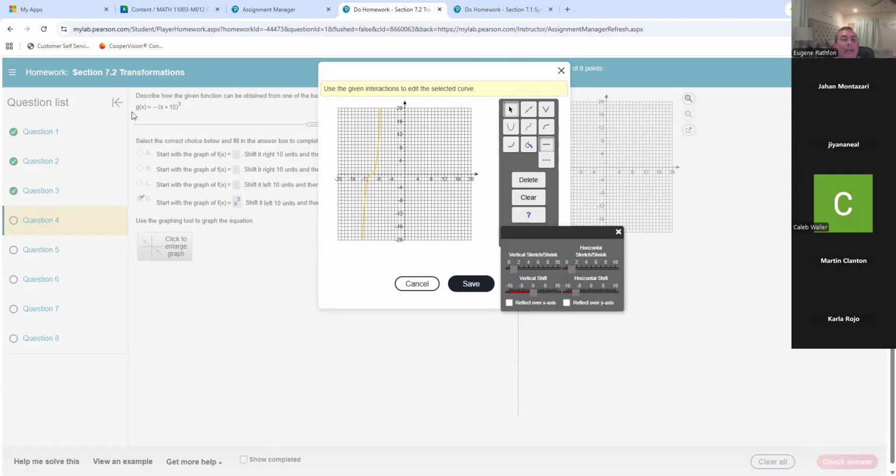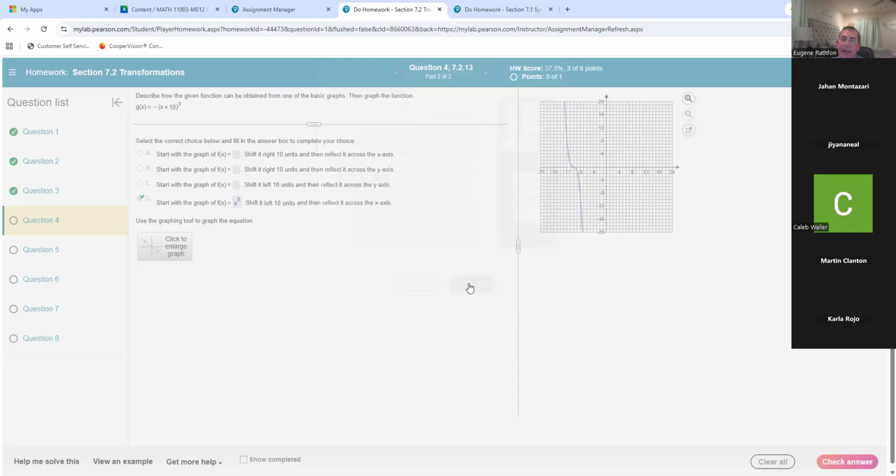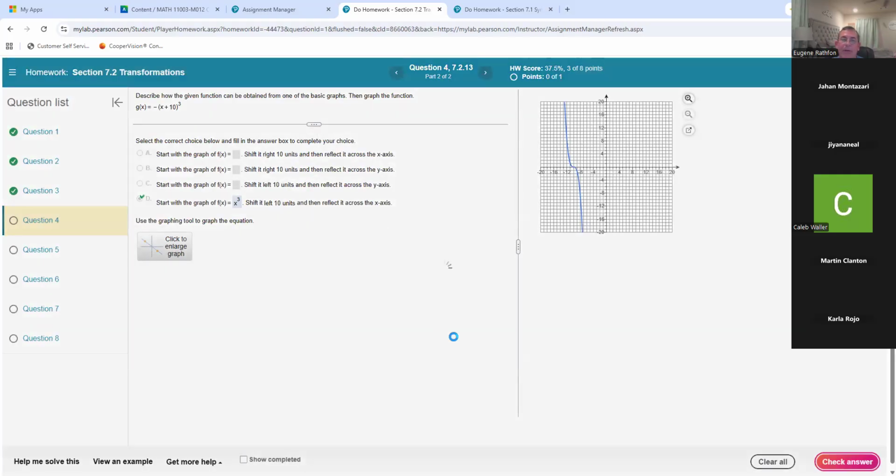And y'all, we reflect it over the x-axis. So the bottom left corner, check that box and watch it. Watch my graph as I uncheck it and check it. It was going uphill. Now it looks like it's going downhill left to right. Save that and then check your answer.